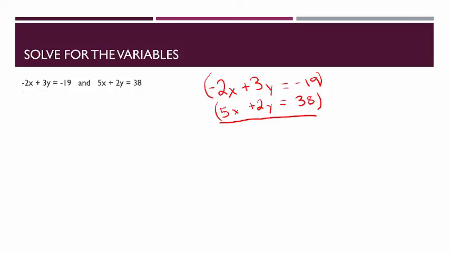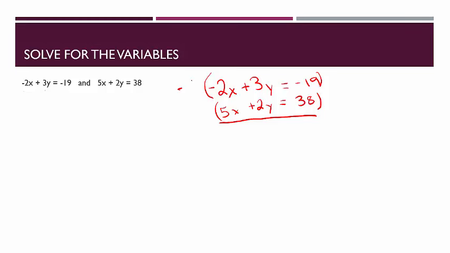So what I need to think of, and let's say pick the x's, actually no, I think I'll pick the y's just to show this point. They're both positive, so one of these numbers is going to have to be a negative. That way I have different signs and they can add to 0. So I'm going to think of a number that both 3 and 2 multiply into, or I could just multiply 3 and 2 together.